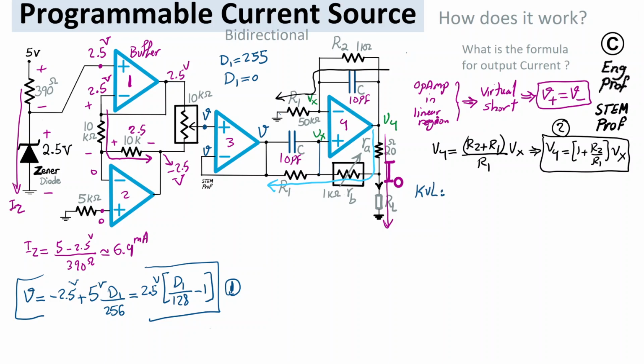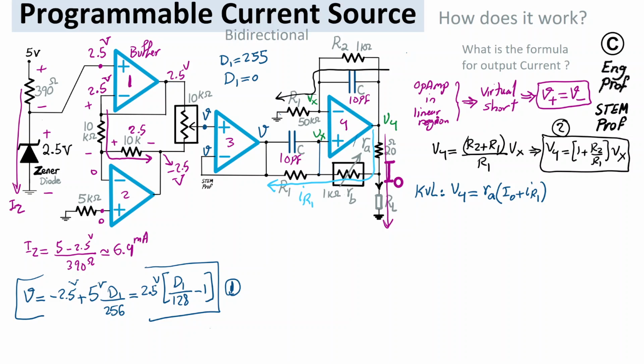or Kirchhoff voltage law, which is one of the circuit laws, I can say V4 is the voltage drop across RA. So it's going to be RA times, there are two currents that are going through RA, I out and the blue current. So let's refer to the blue current as IR1. So I'm going to write RA times I out plus IR1.